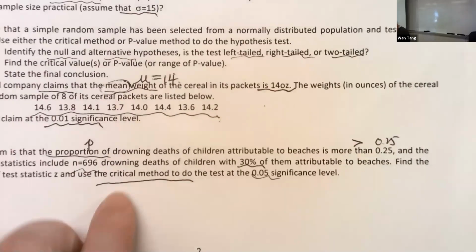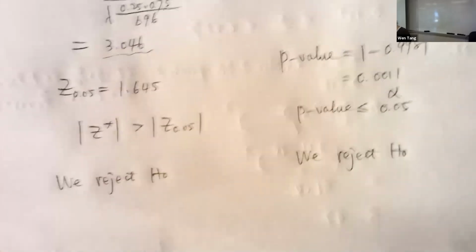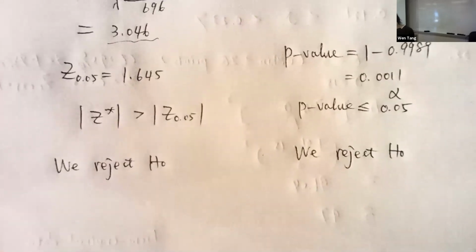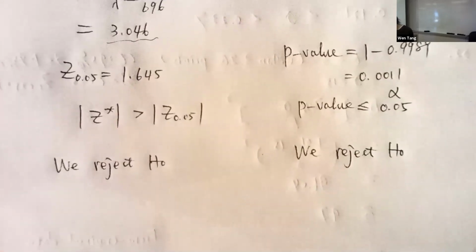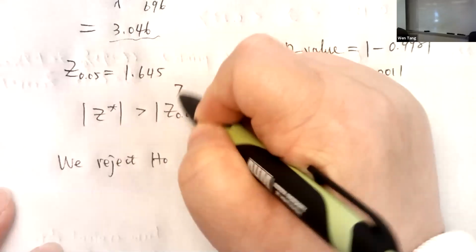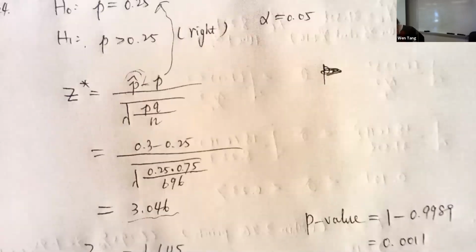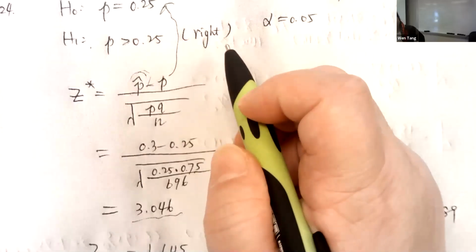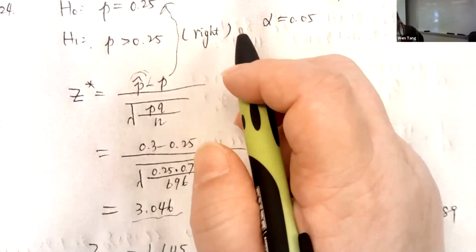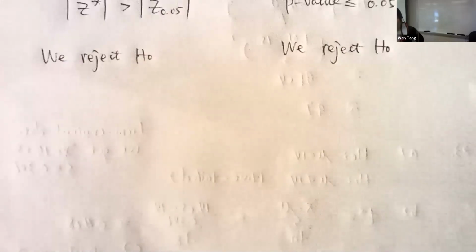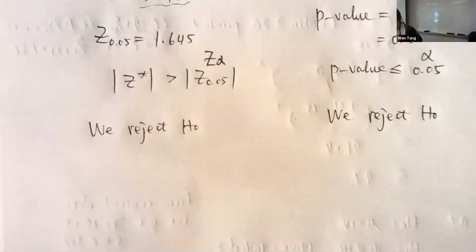The question asks you to use the critical value method. So we're going to find the critical value. Here, for the critical value, we just use Z sub alpha. Why do we not use Z sub half alpha? Because remember, when we wrote the hypothesis, we already knew this is a right tail test, which means it's a one-tailed test. So it's not necessary to divide by 2 when we find the critical value.